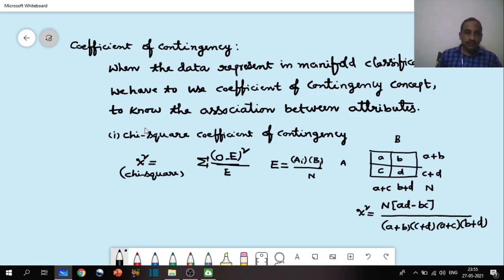The next one is mean square contingency.